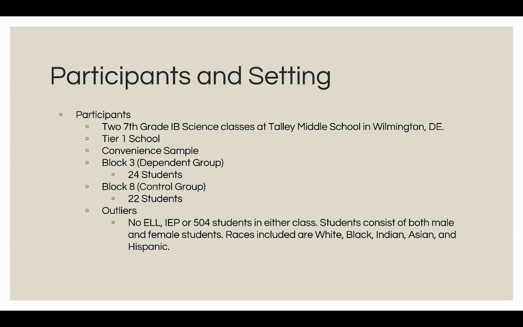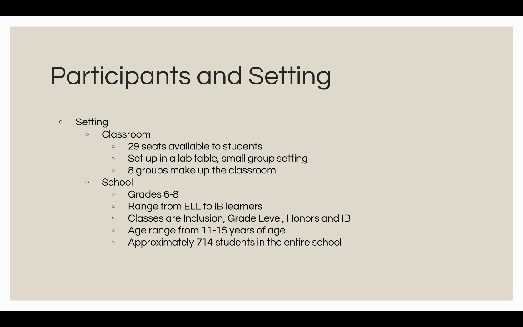So, some outliers or some important information. I have no ELL, IEP, or 504 students in either class. Students consist of both male and female. Races included are white, black, Indian, Asian, and Hispanic. The setting is in my classroom at Talley Middle School. There are 29 seats available to the students.